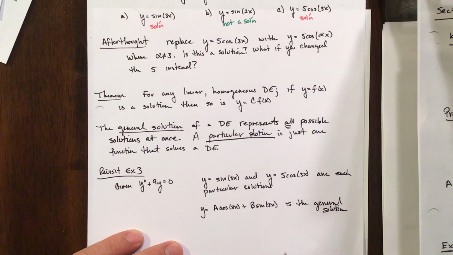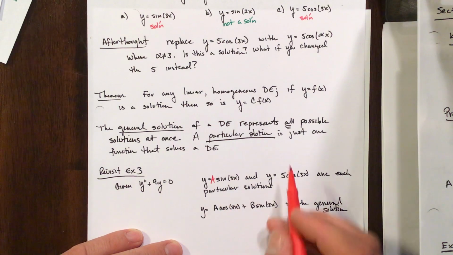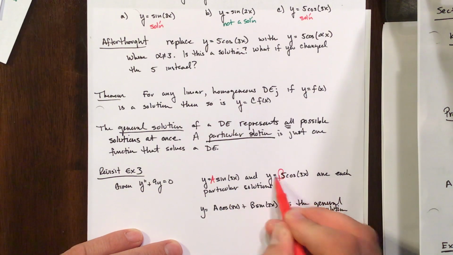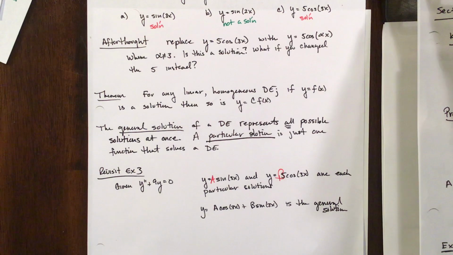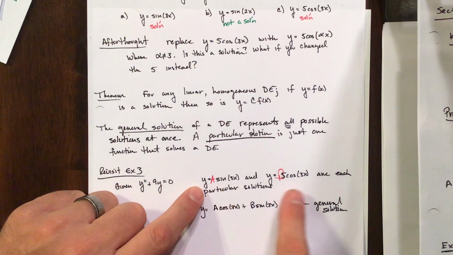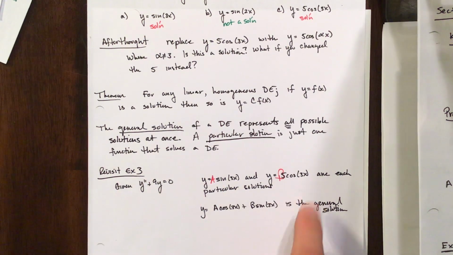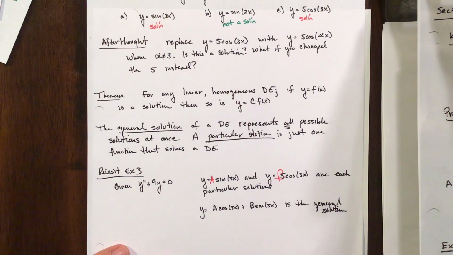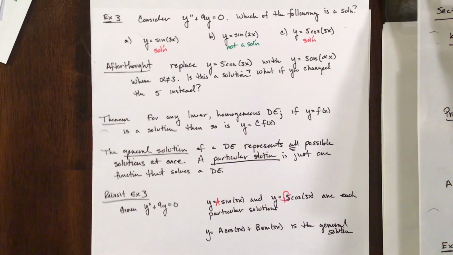We also know, more generally, that A times sine 3x and B times cosine 3x, whatever A and B are, 1, 2, 3, 5, are also solutions to that differential equation by virtue of the theorem that I just stated.